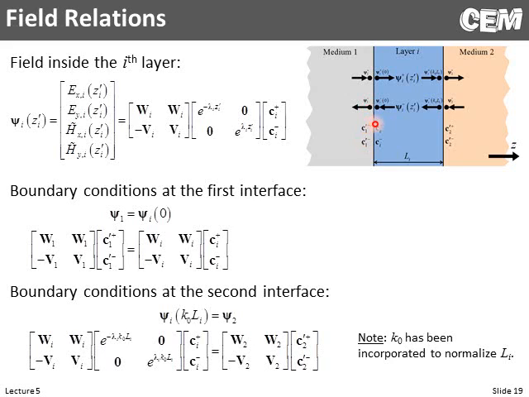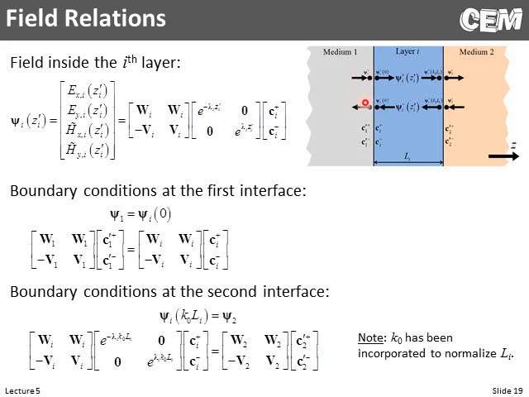It's not the mode coefficients that are equal on either side, it's the fields. Remember our physical boundary conditions: the transverse components of the fields are continuous across the interface. Well, fortunately, we eliminated the longitudinal components that are discontinuous, and we're only left with the ones that are parallel to that interface, EX, EY, HX, and HY.